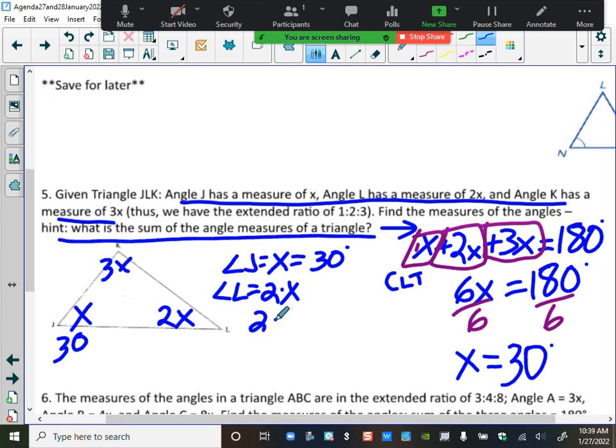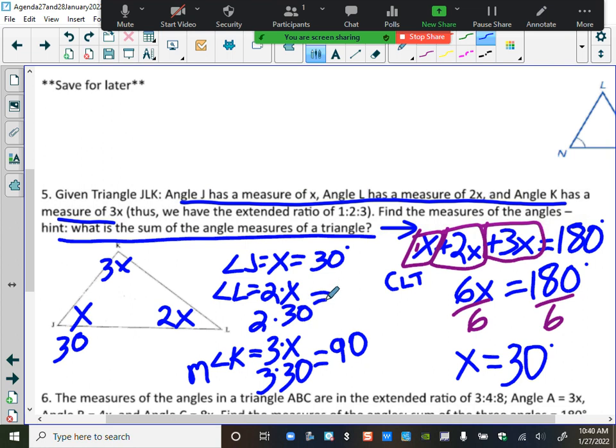K is 90 and L is 60. All right, very good. The measure of angle K is 90, angle L is 60, and angle J is 30. And if we add 30, 60, 90, you get a grand total of 180 degrees.